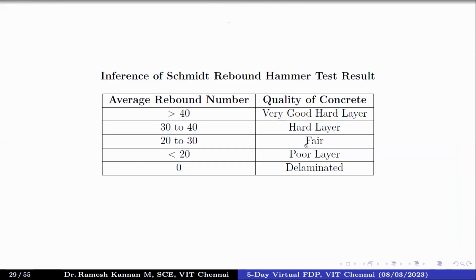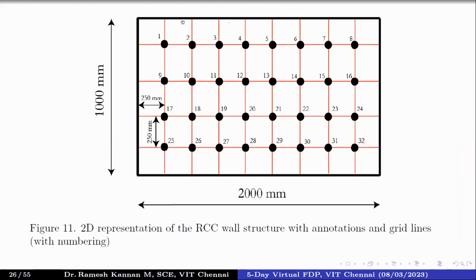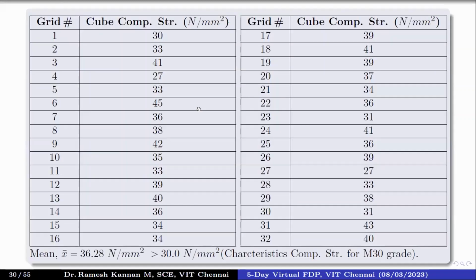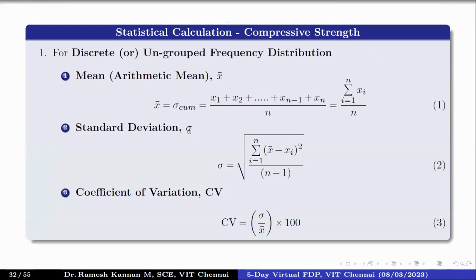The reason is that we are not taking values at all points. We are taking only sample points of the entire region, which means these are representative samples of the larger volume of concrete. That is why it is a sample standard deviation rather than a population standard deviation. Population standard deviation is divided by n, but sample is divided by n minus 1.